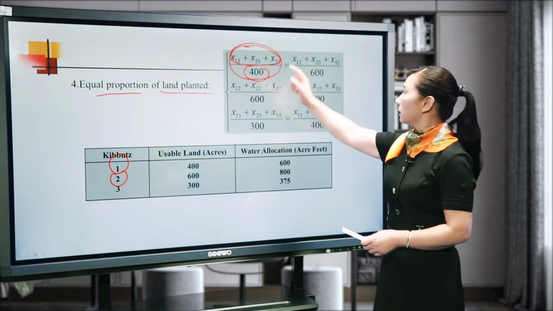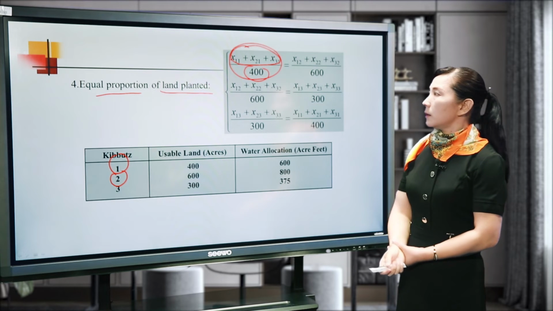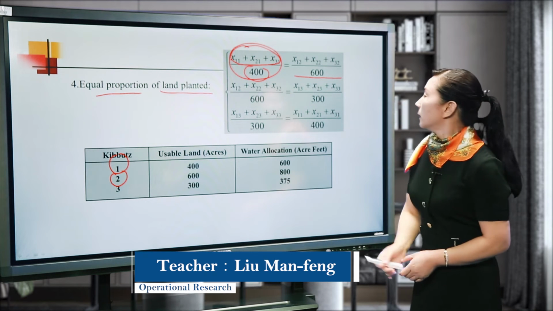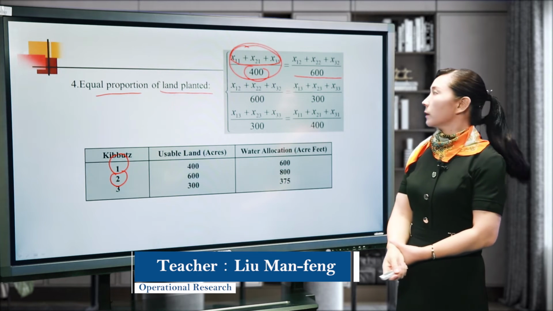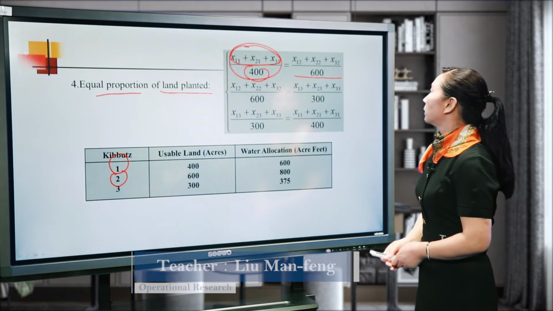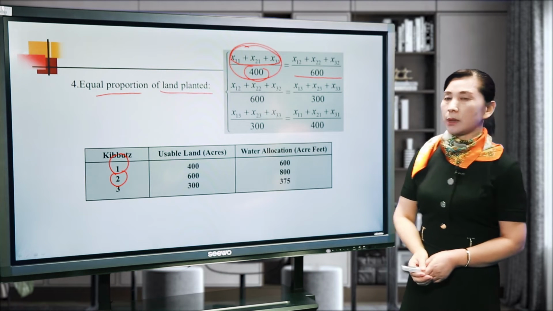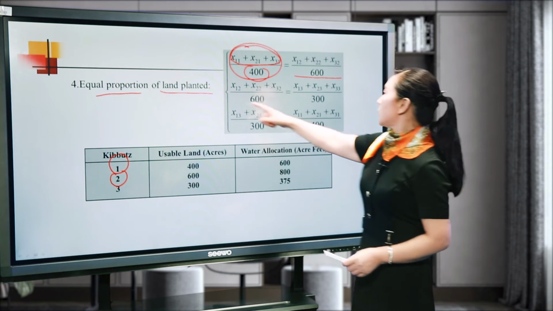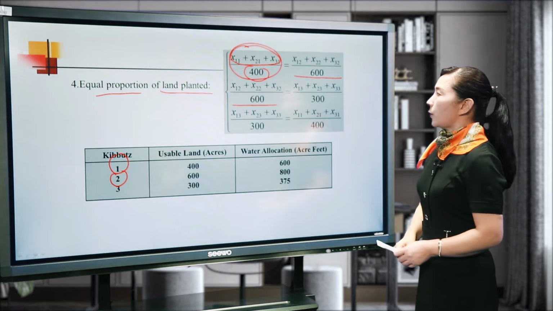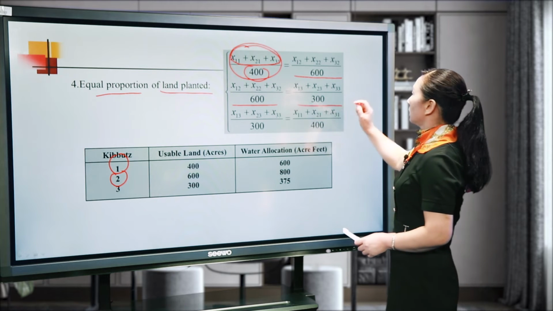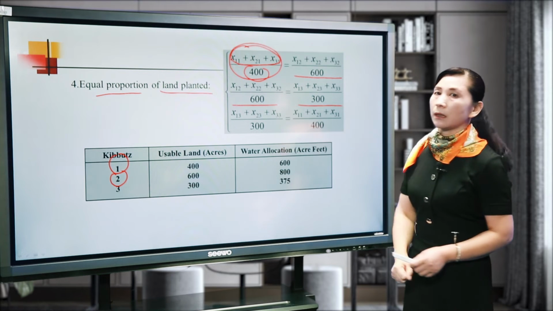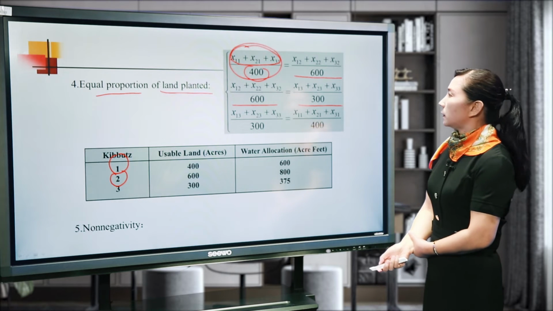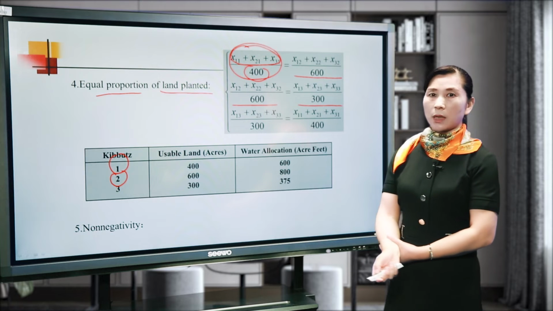So this is the kibbutz 1 proportion of land planted, and this is kibbutz 2 proportion of land planted. So let them be equal. And the second equation is: this is kibbutz 2 proportion planted, this is kibbutz 3 proportion planted, and they are equal too. So that is the proportion constraint.